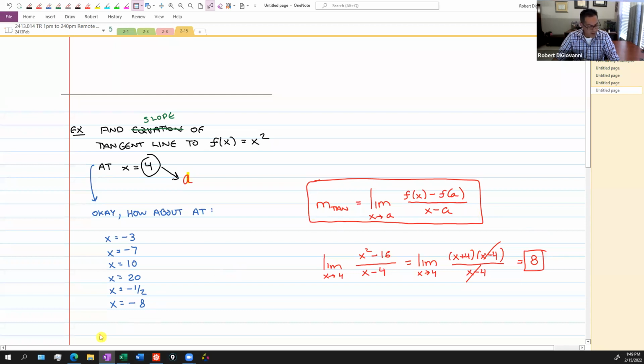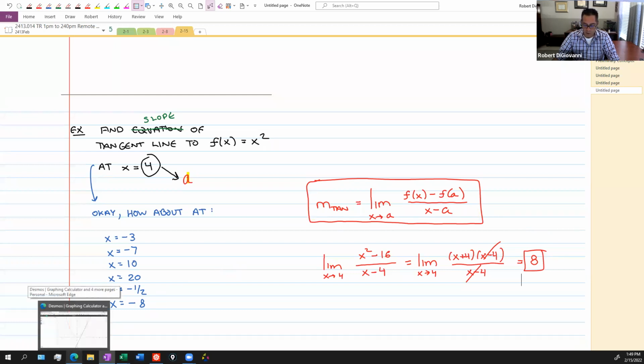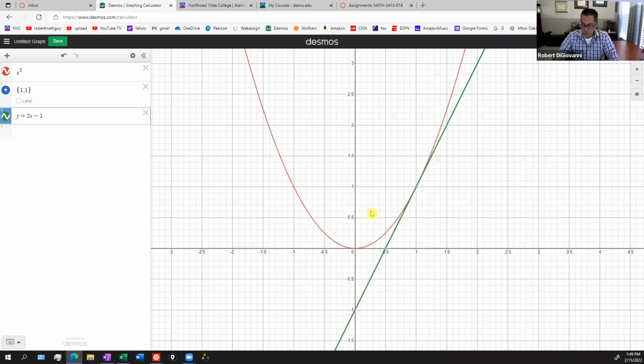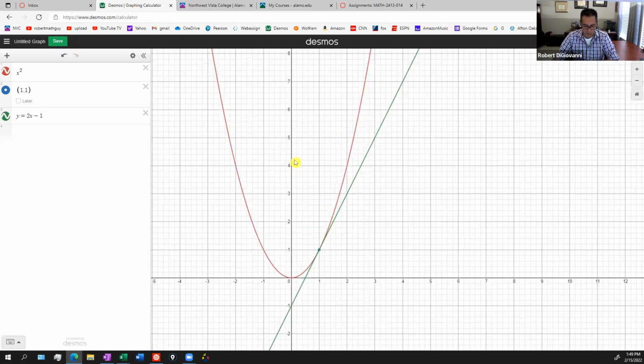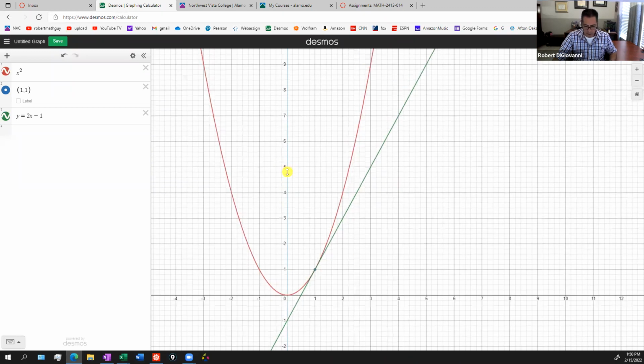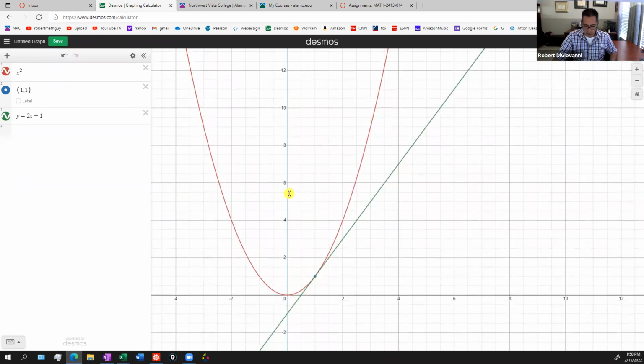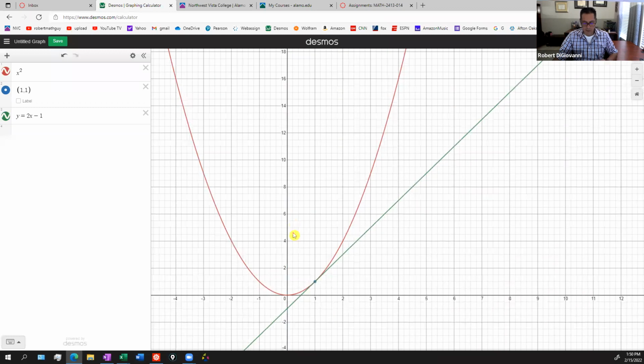Okay, let's check it. Let's go to the graph real quick. If we go to x is equal to 4, I'm going to have to make this axis a little bigger. There you go. So if we go to x is equal to 4 this time, the slope of this tangent line should be 8, is what we're getting.